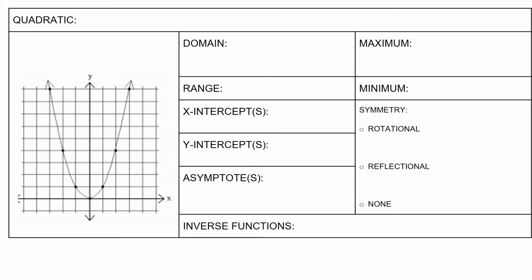Cool. So we're going to flip over to quadratic. Quadratic functions. Quadratic is y equals x squared. The other way that we learn quadratic is the quadratic equation, the standard form, y equals ax squared plus bx plus c.